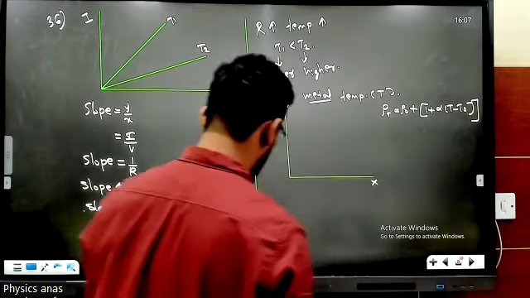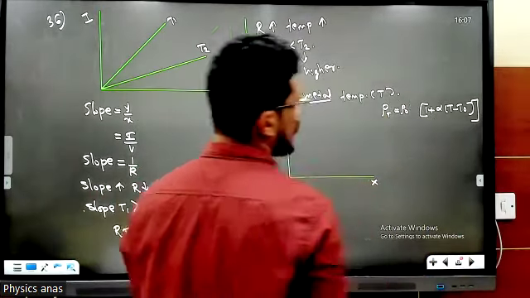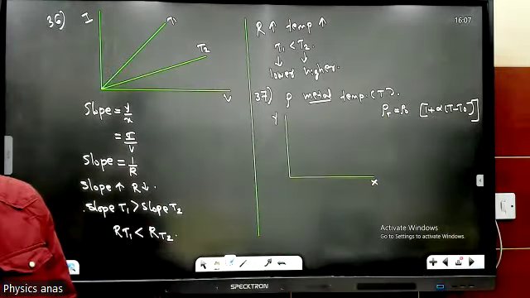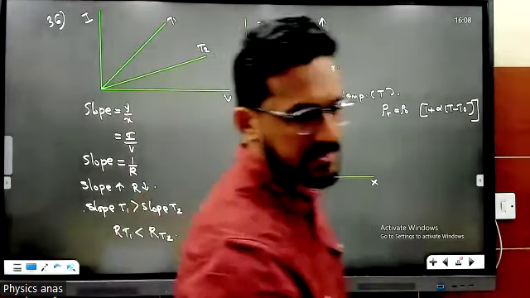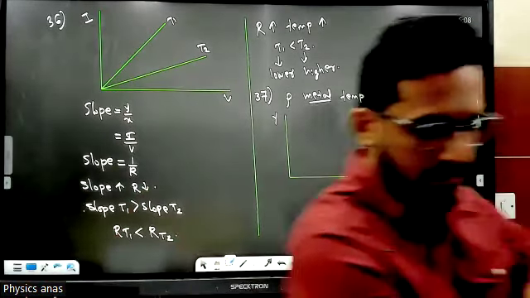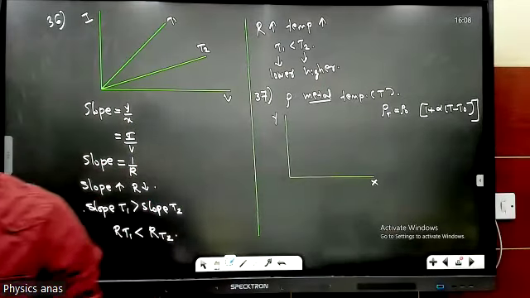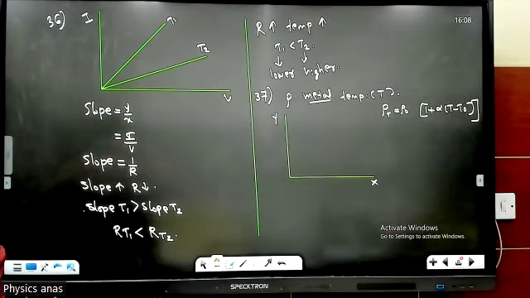Isn't that the equation? Right? Rho T is equal to rho 0 into 1 plus alpha into T minus T0, right?